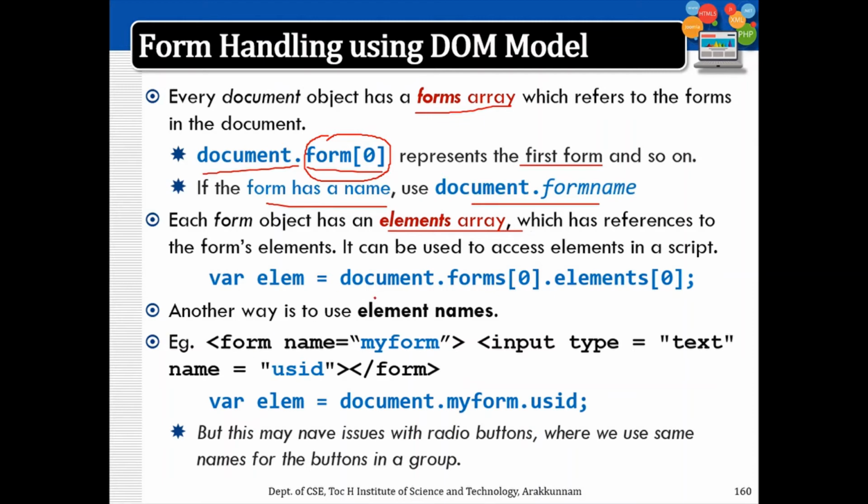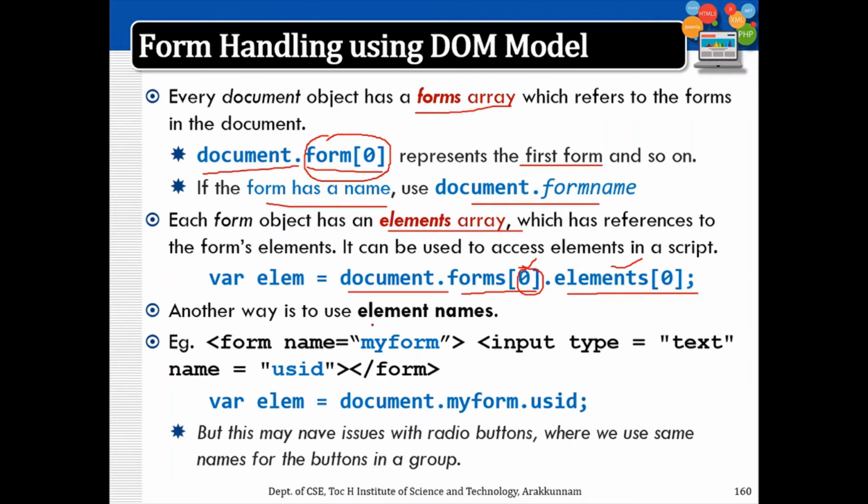This is how you access the first element in the first form: document.forms[0].elements[0]. This refers to the first element. Even if only one form is there, we can refer to it as forms[0]. That will be an array.